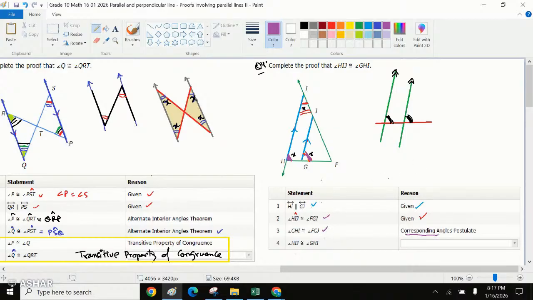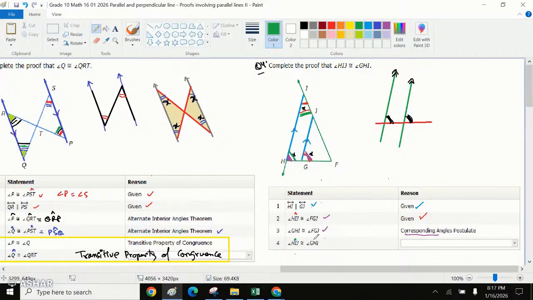So what about the last one? If we have HIJ, let's label. Where is HI? HI and J, this angle, GHI, right? This angle.